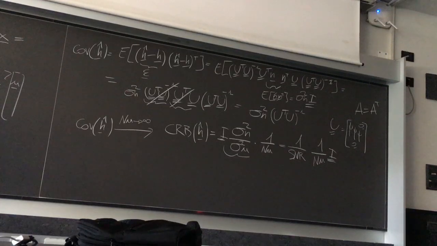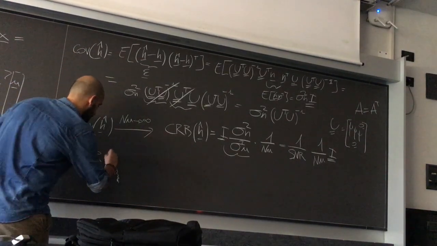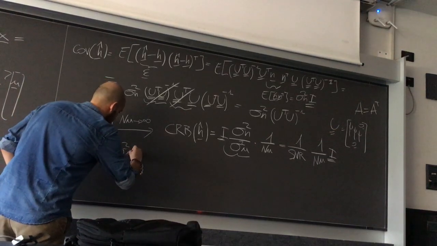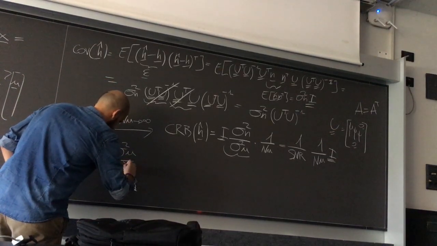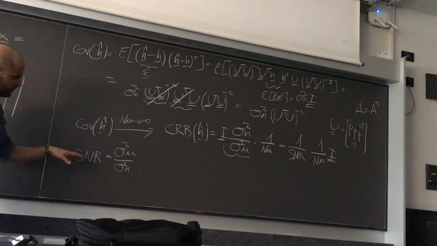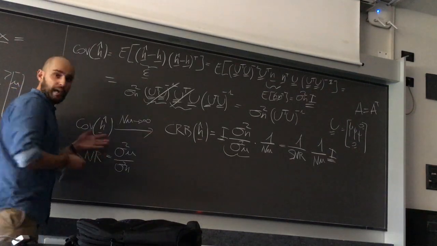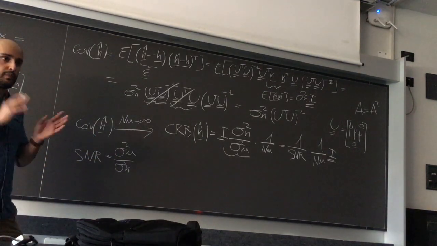Usually, when you design a communication system, there is a convention. You define your SNR as power of signal over power of noise. It's not nice to have the SNR defined by two different parameters, so you can get rid of this just by normalizing the transmitted signal to 1.